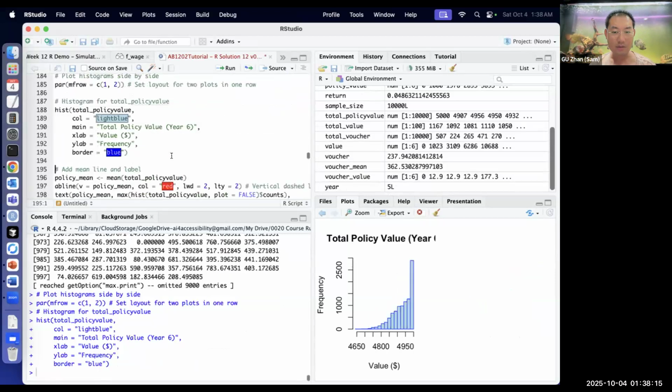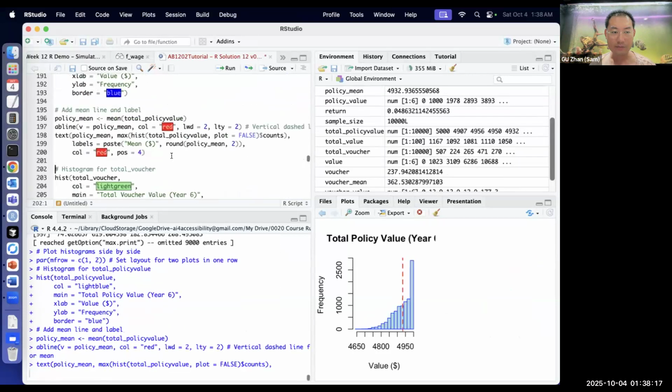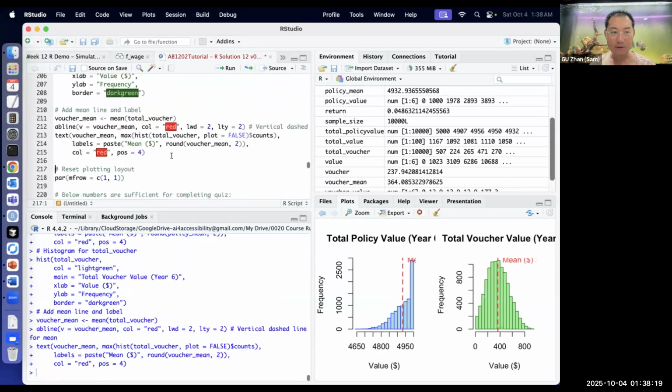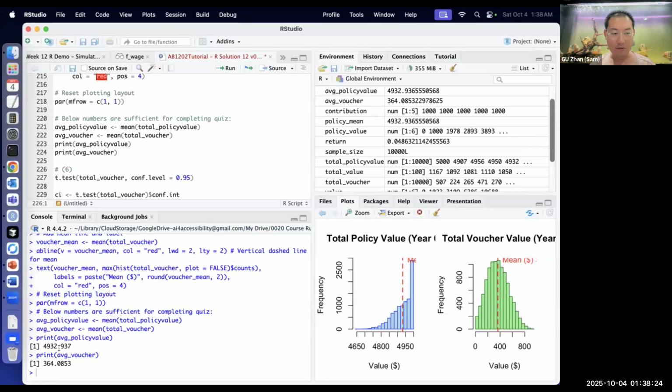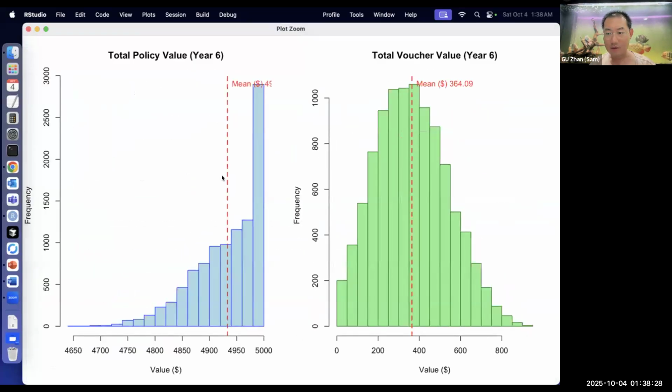Then we plot the histogram. Basically, I want to show you this histogram. So average and average, then let's explore. What you're seeing is these two distributions don't seem to be normally distributed, especially the right side. It looks like an exponential distribution.